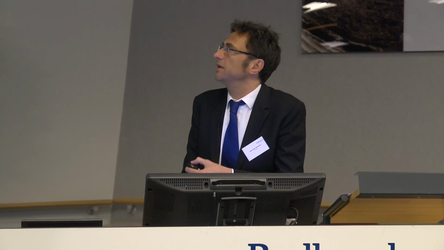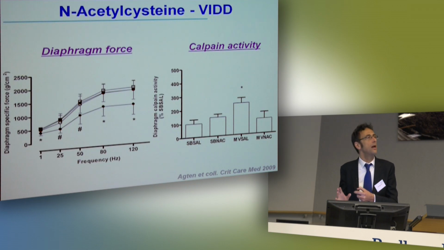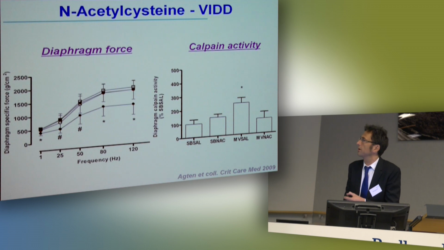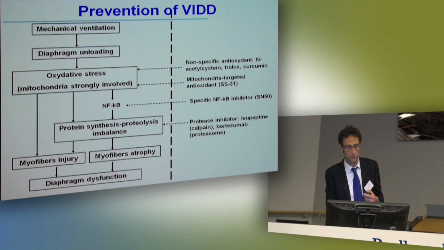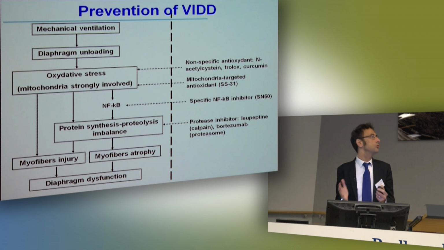One of the possible mechanisms is a reduction of calpain activity, which is a strong protease. And as we can see here, as compared to the control animal, the one that has been ventilated has a strong calpain activity, and NAC prevents calpain activity.